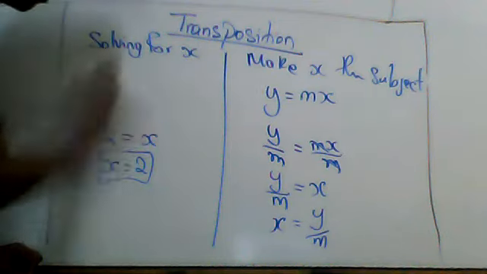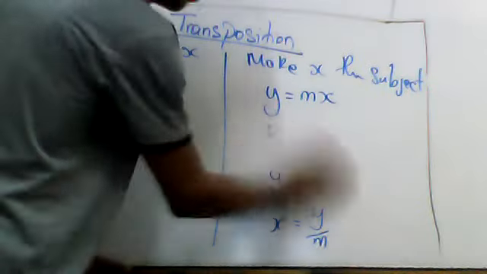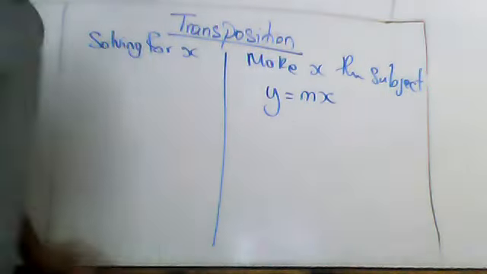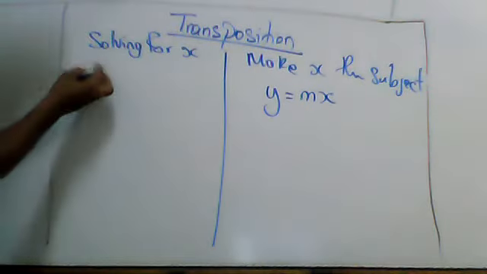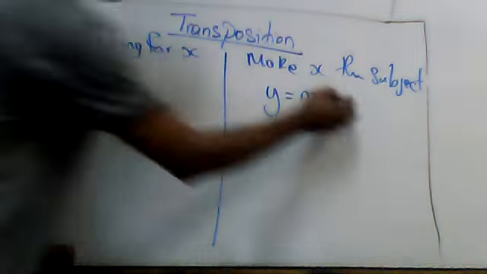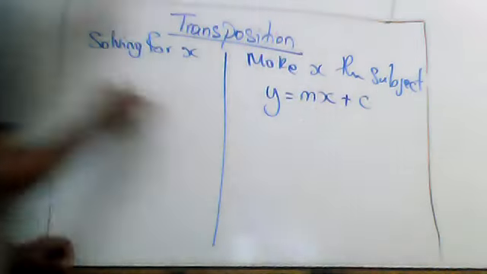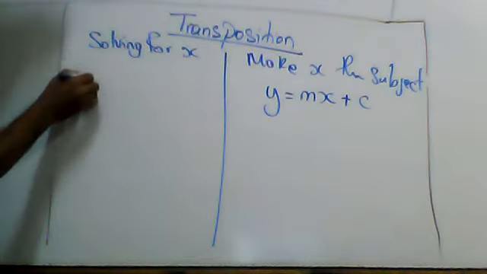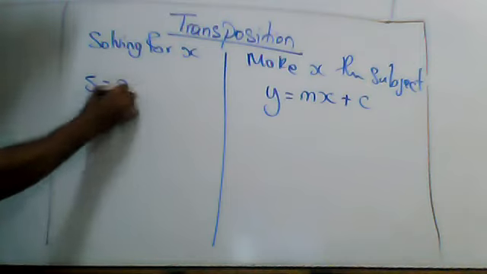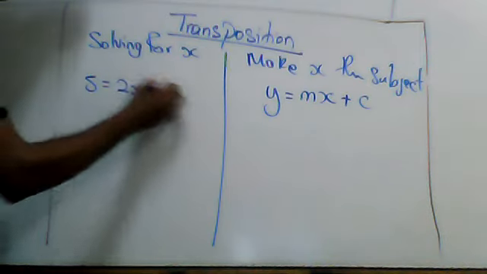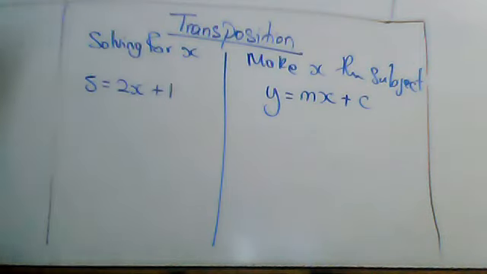Alright, so remove this. What I'm going to do, I'm going to try and make the question a little bit more complicated. Let's say I'm going to add a c here. Let's say we have 5 equal to 2x plus 1.